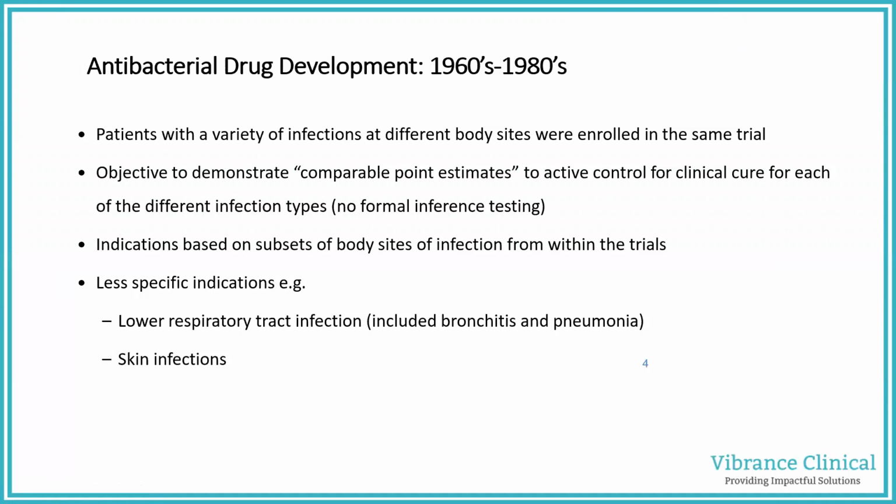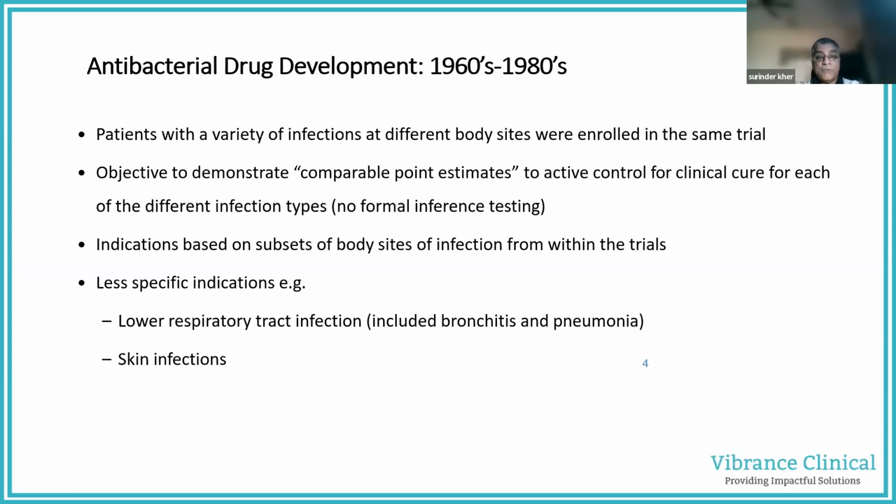Patients with a variety of infections at different body sites were enrolled in the same trial, and the objective was to demonstrate comparable point estimates to active control for clinical cure for each of the different infection types. This is what used to happen very early on, when the issues of resistance were not there. We were trying to find treatments for infections and infectious diseases.